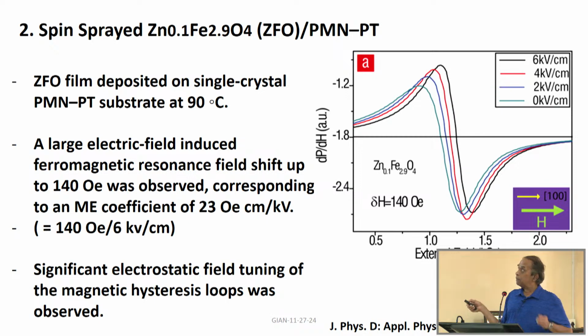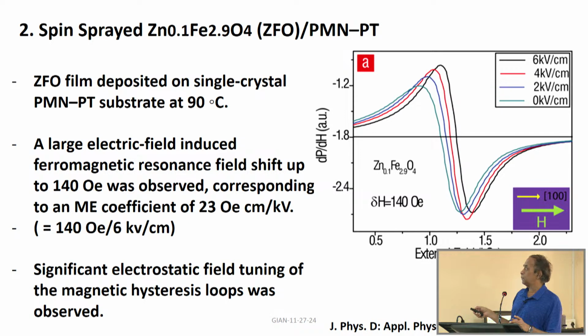So, it is zinc ferrite on PMN-PT single crystal substrate, and the deposition was once again by spin spray at temperatures less than 90 degrees Celsius, and the authors used the converse magnetoelectric effect to find the strength of the magnetoelectric interaction.